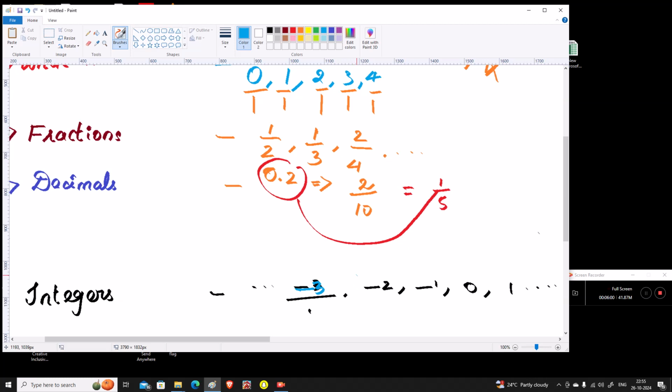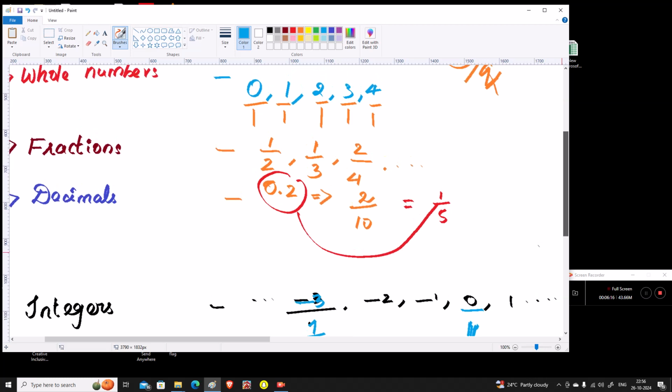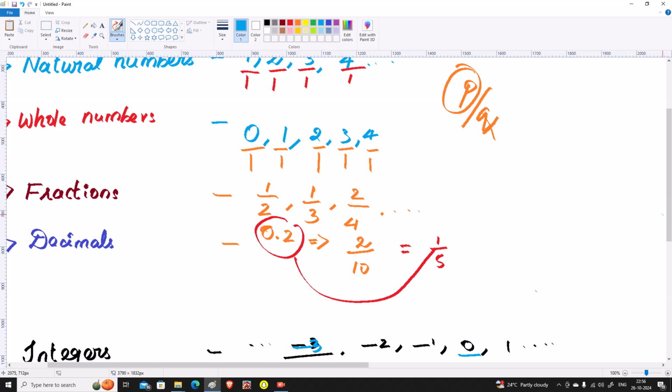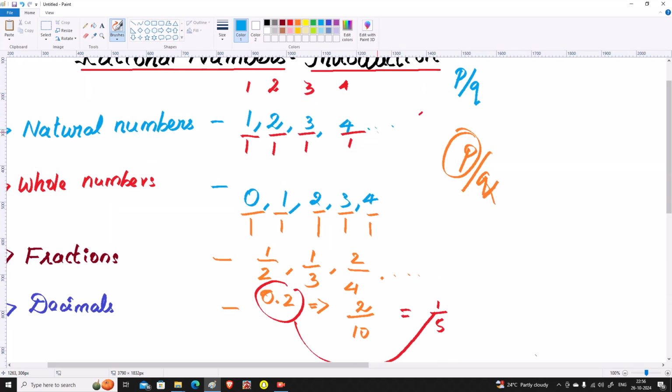Now, without changing the value, I have to write minus 3 in the p by q form. So how can we change? Yes, you are right. Minus 3 by 1, minus 2 by 1, minus 1 by 1, 0 by 1, and then 1 by 1.